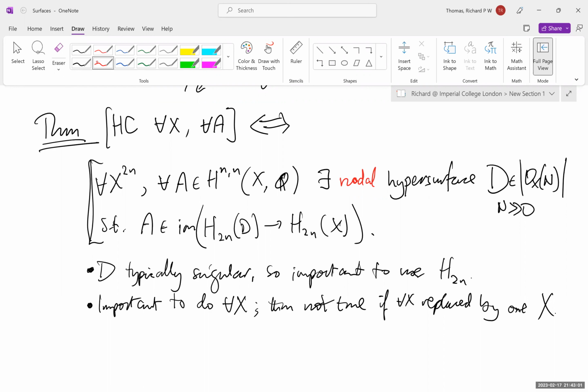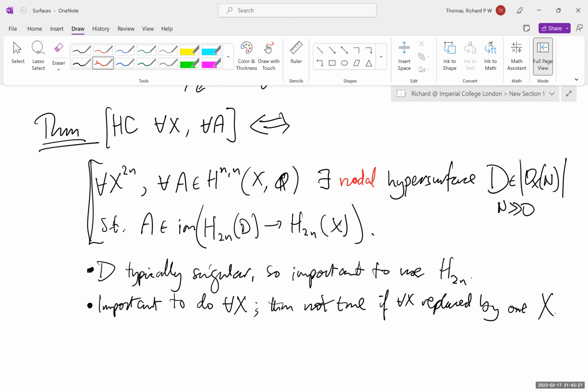But it turns out that you can make D nodal. That's the best you can do. You won't be able to make D smooth, but you can make it nodal, so you may as well, because then it's easier to understand. I'll remind you what nodal means later: a hypersurface with the simplest possible singularities, just quadratic singularities at some isolated points.